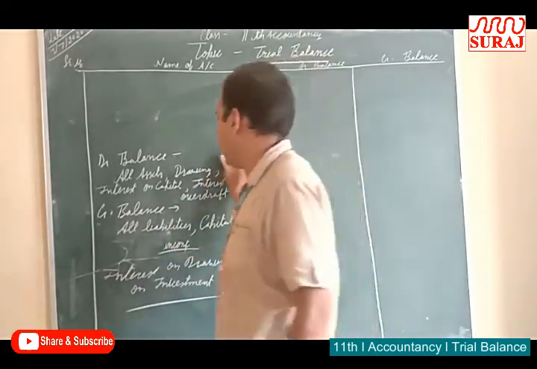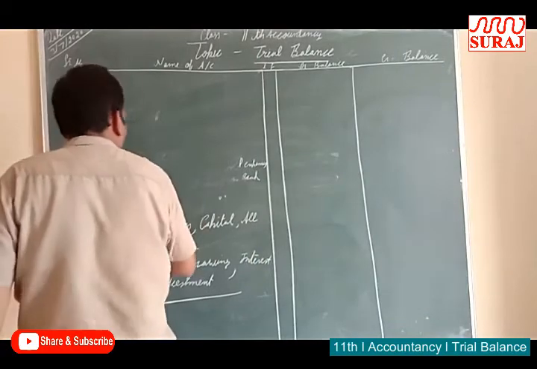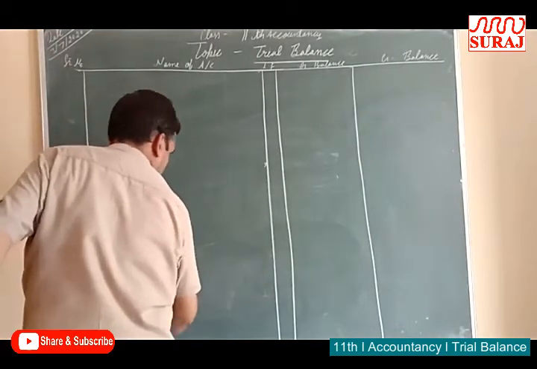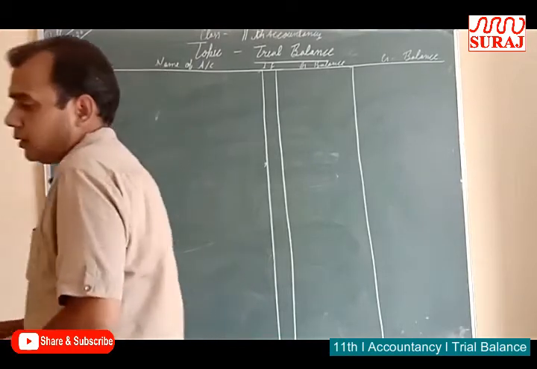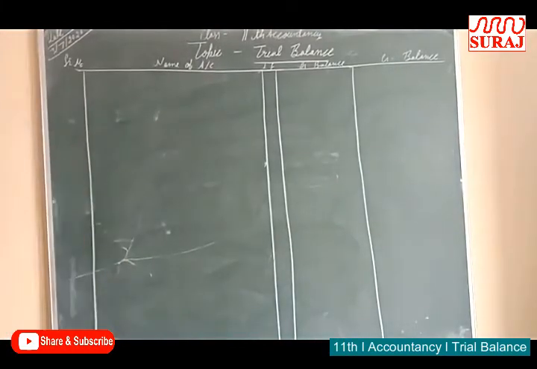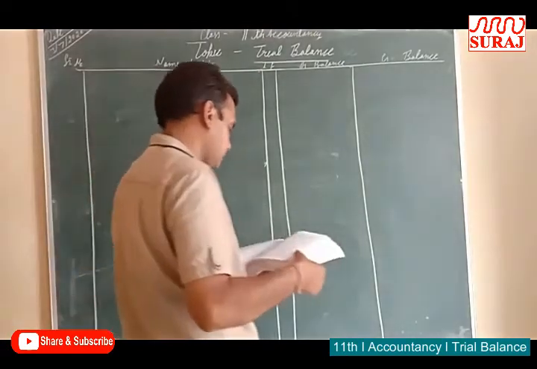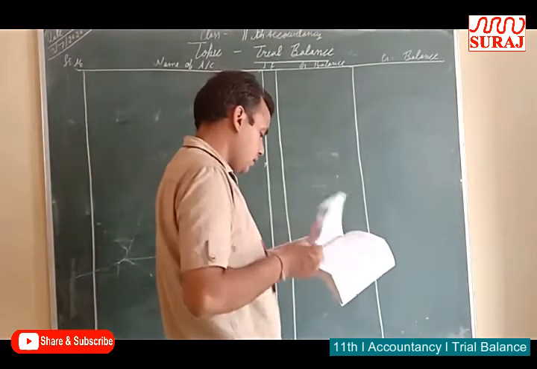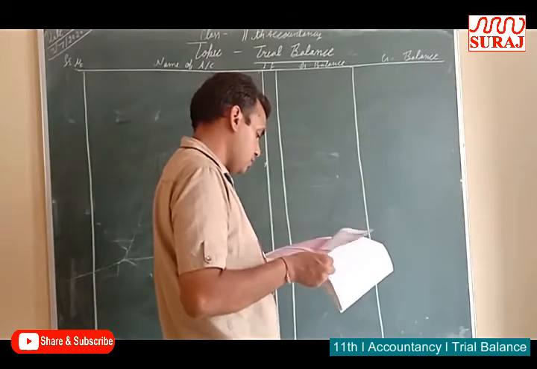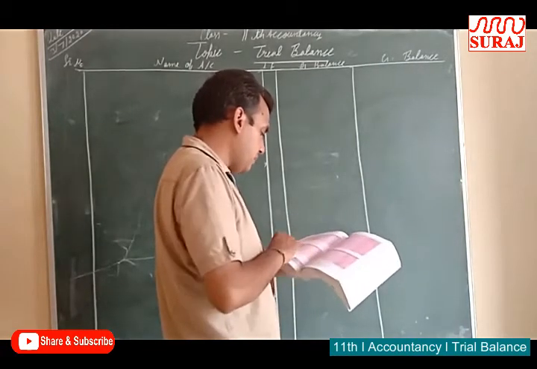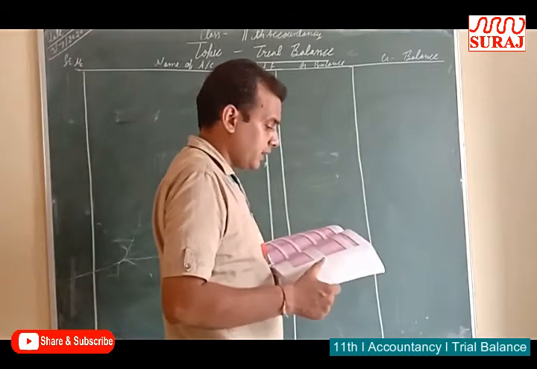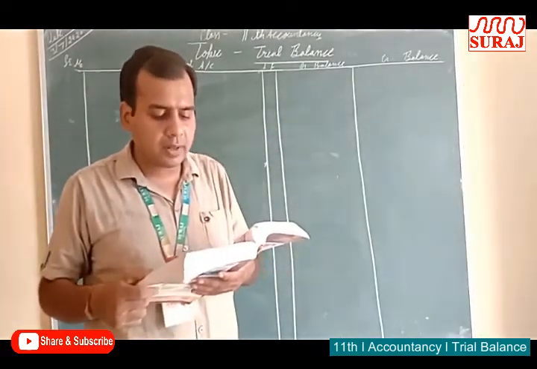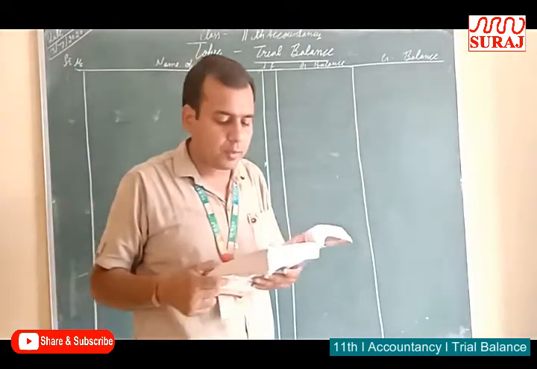Now I will take a practical problem from your books. Let's come to the blackboard. Problem number 2, page number 14.27. From the following balances taken from the books of Messrs.